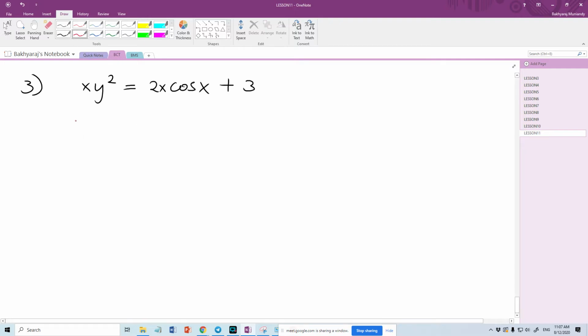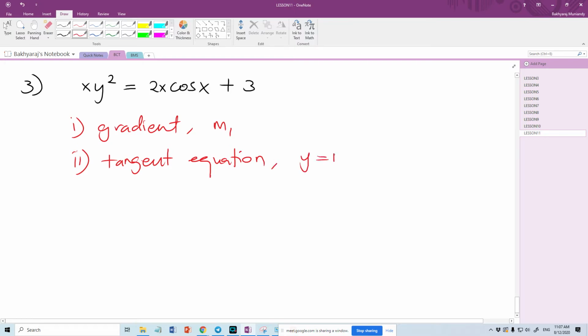Okay, get me what is the gradient. Okay, number 2, get me what is the tangent equation. Okay, gradient is m1 and tangent equation is y equal m1x plus c.